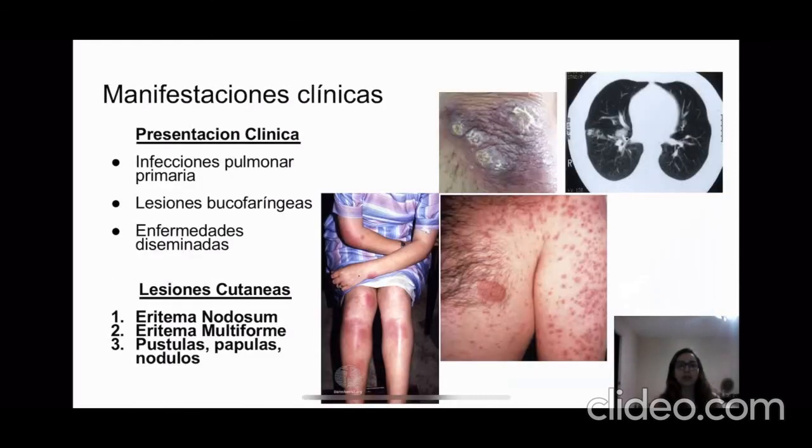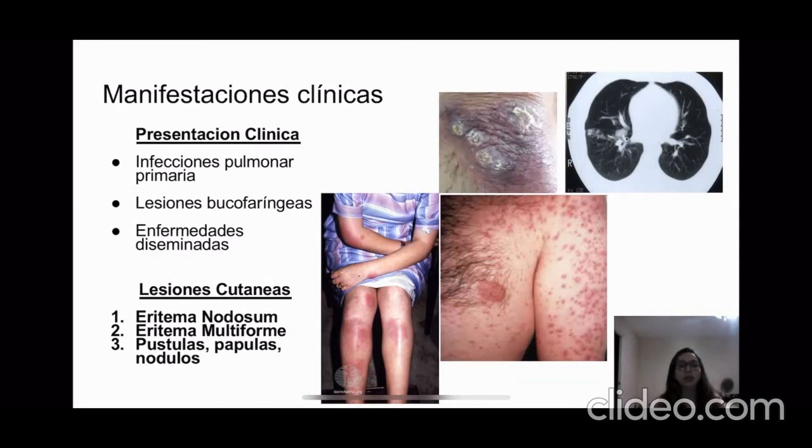Clinical manifestation. Histoplasmosis can have skin lesions that may be caused by an immune reaction to an acute pulmonary infection or as a manifestation of disseminated histoplasmosis.